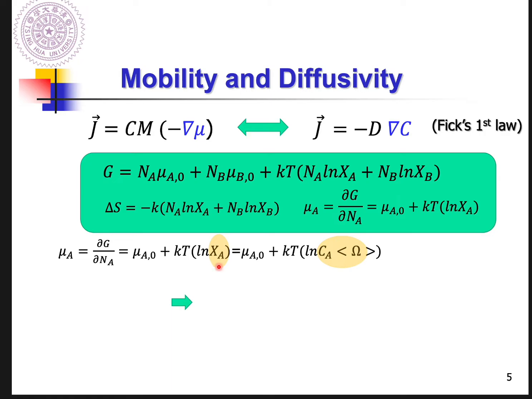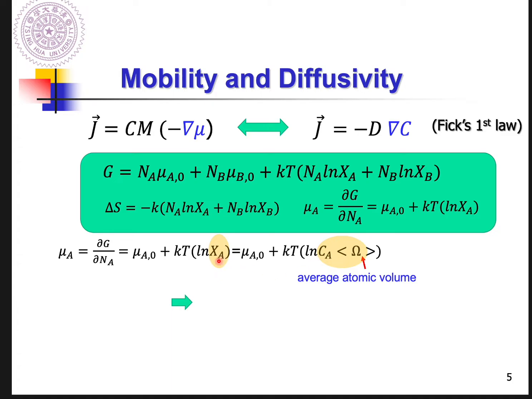XA, the atomic fraction of atom A in this alloy, can be expressed as CA, the concentration, times the average atomic volume omega in these materials. So we successfully converted the atomic fraction to the concentration, and you get a relationship between the chemical potential and concentration.